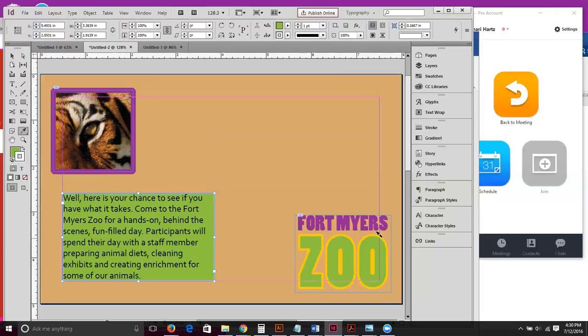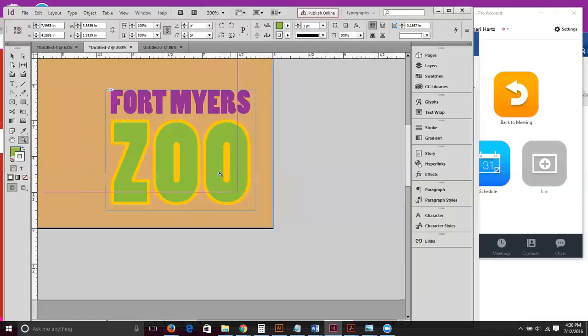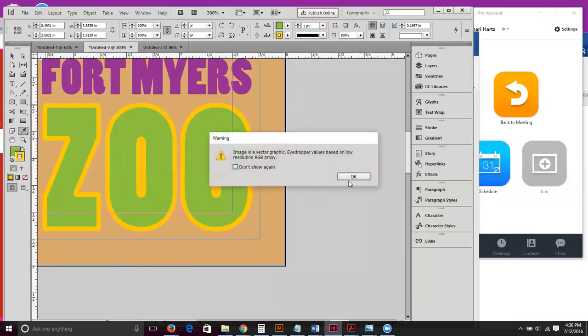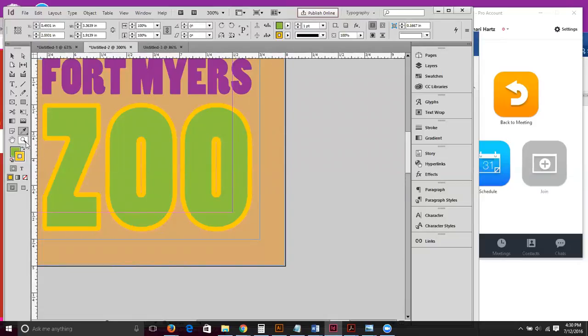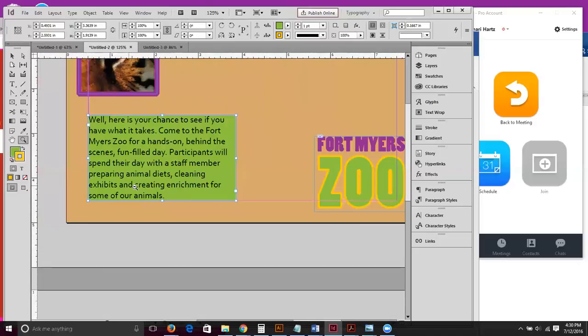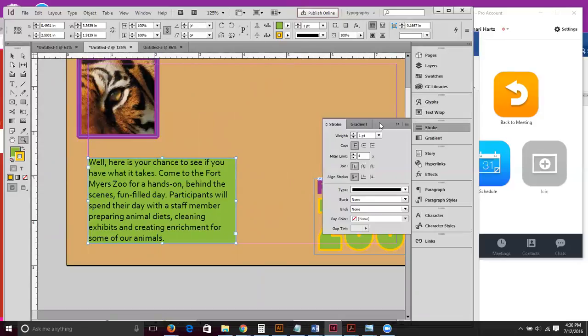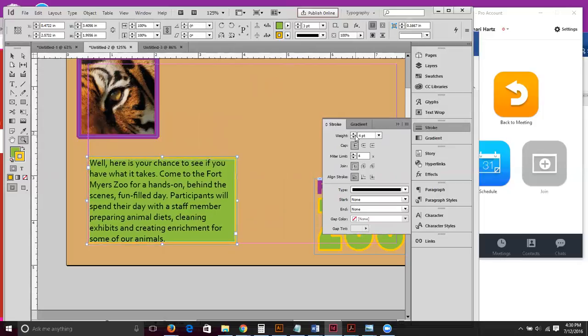I want the yellow. Give me the yellow. Yeah. That'll teach it for being bad. And then just for fun, we'll put the same bevel on it.